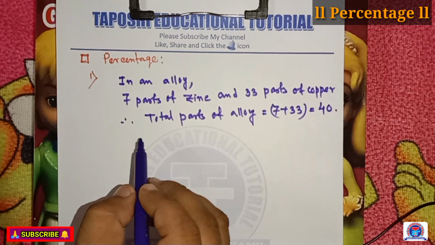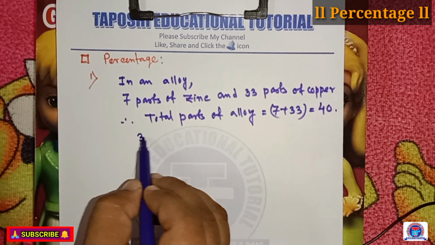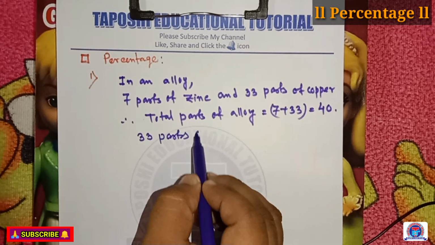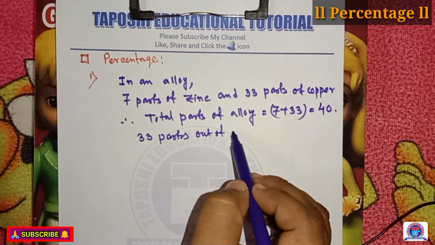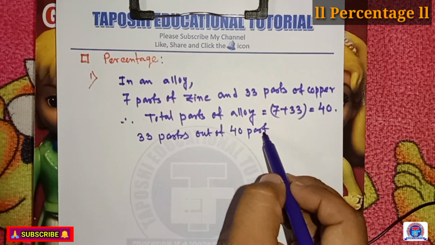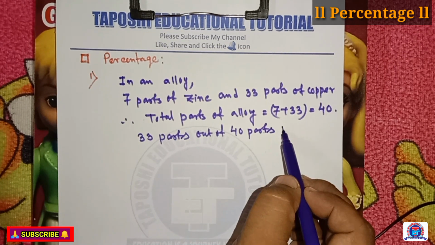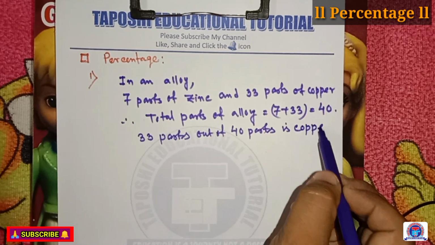Therefore, we can write 33 parts out of 40 parts, 40 parts is copper.